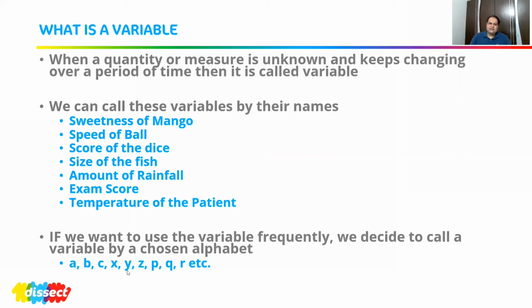The only reason is that it is very short. If you have to write equations, then you would rather want to use ABC instead of size of the fish every time we are talking about size of the fish. So we can just pick one of the letters and assign the size of the fish to that letter, and we can always keep on tabulating our results.